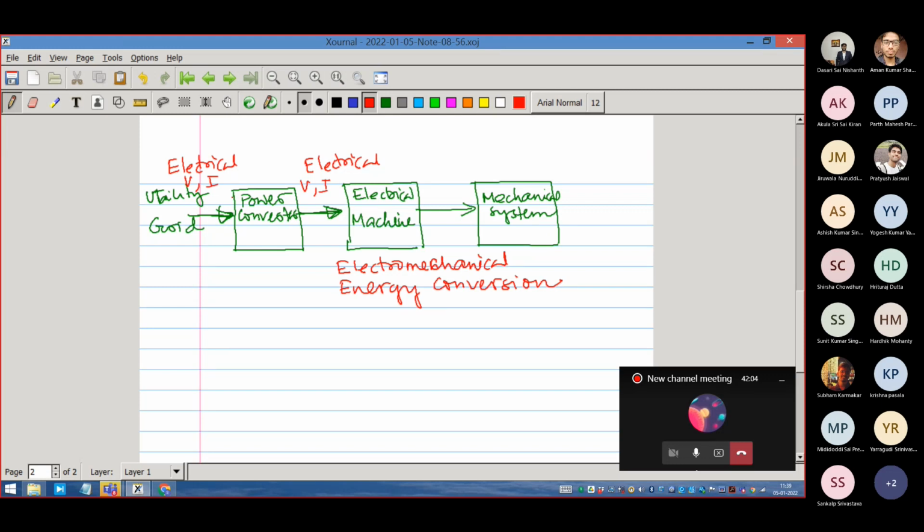But at the machine output, we have torque. We have produced omega and torque. Let me write it: this part is mechanical first.